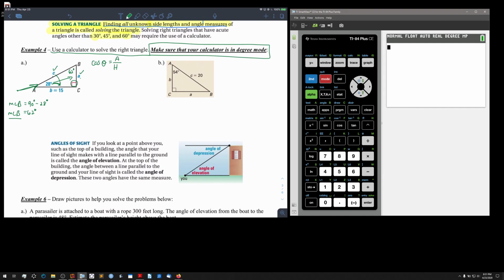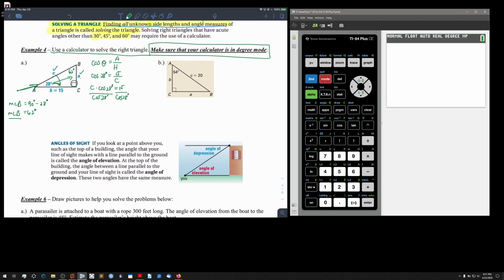And so in this case, my cosine of 28 degrees would be 15 over C. And please, you can skip this. You don't need to do that. I'm just doing it because I'm assuming some of you are going to be rusty about this. And then just multiply C on both sides, and then just divide by cosine of 28 degrees.